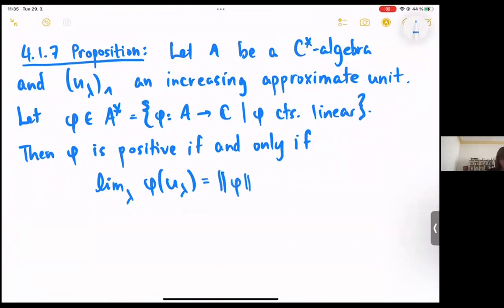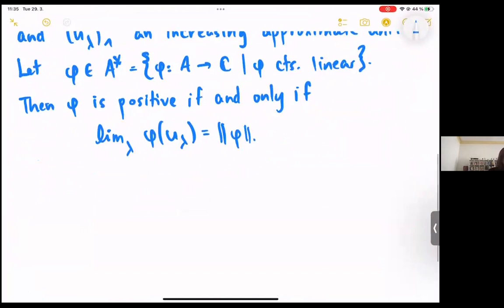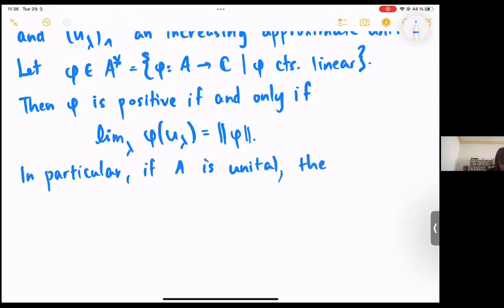So in particular, if A happens to be unital, then of course, 1 itself is an approximate unit. So we get that phi of 1 is exactly the norm of our functional.